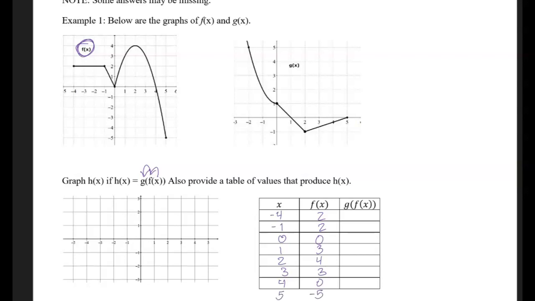Then our next letter after f is g, so I'm taking all of these f of x values and inputting them into g of x. So you're treating them like they are your new x values, your new inputs.